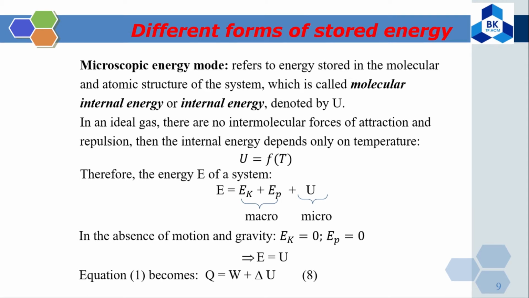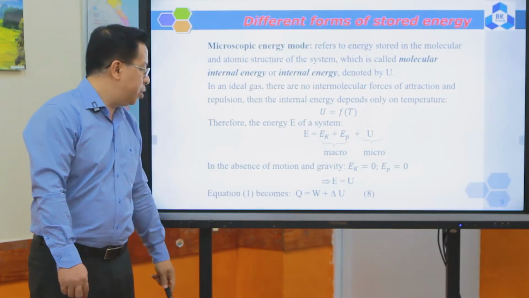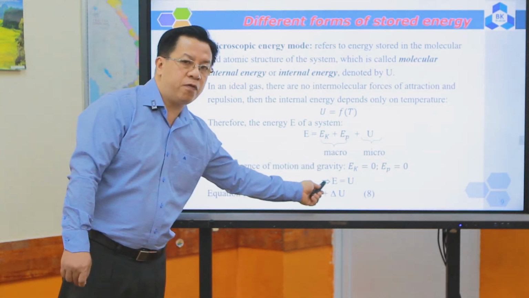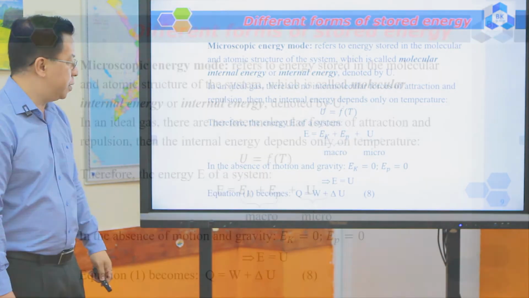So in the absence of motion and gravity, so there's no movement, in this case Ek will be equal to 0. And if there's no gravity, EP will be equal to 0. So in this case, E will be equal to U. That means the energy stored in the system is only in the form of internal energy.